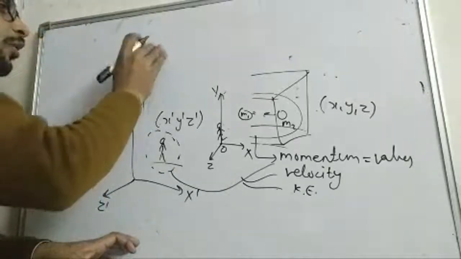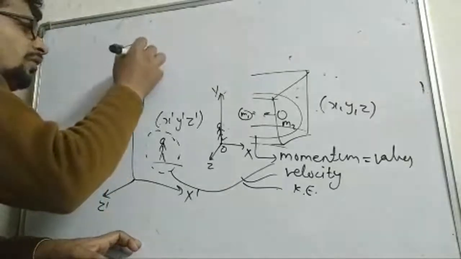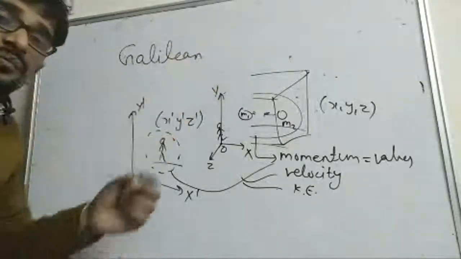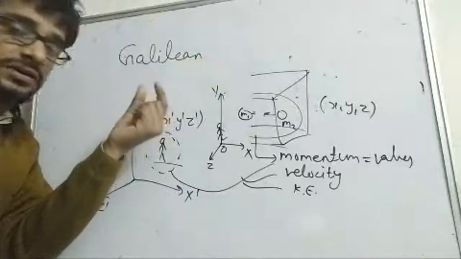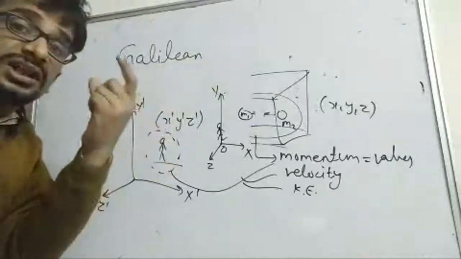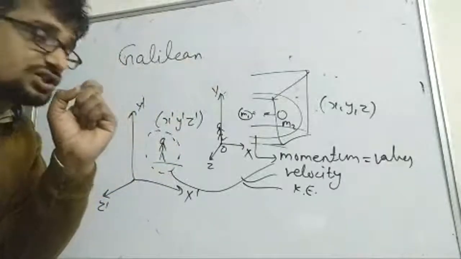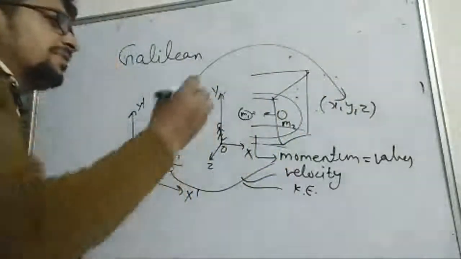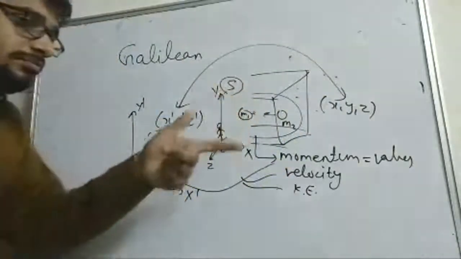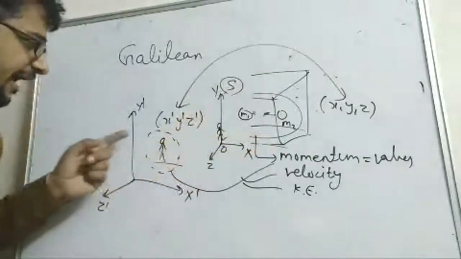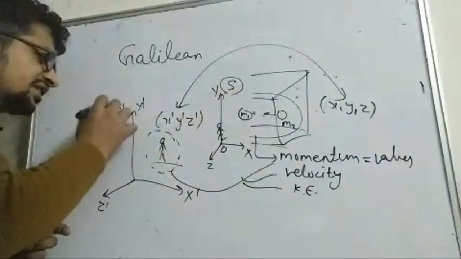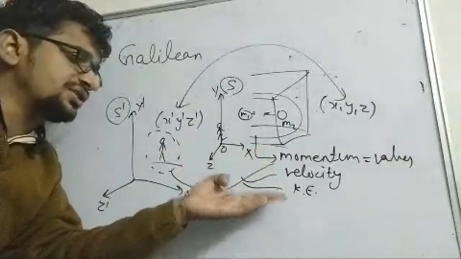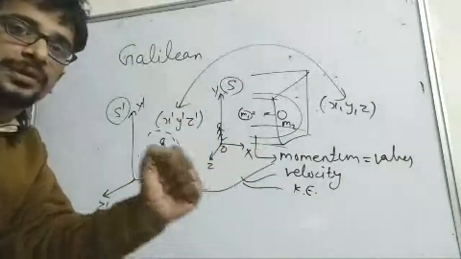Okay. Now, in the world, the first scientist was Galileo, who gave the relationship between these coordinate systems, between system S and system S dash, for various physical quantities like kinetic energy, velocity, and momentum.